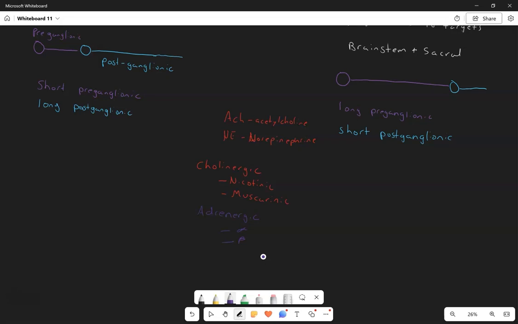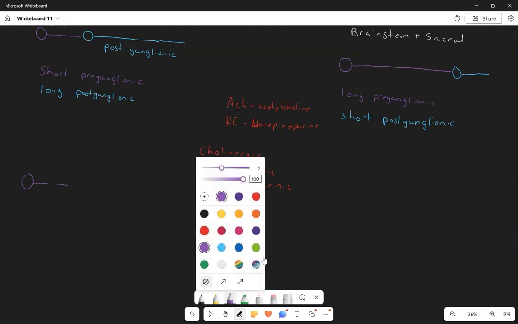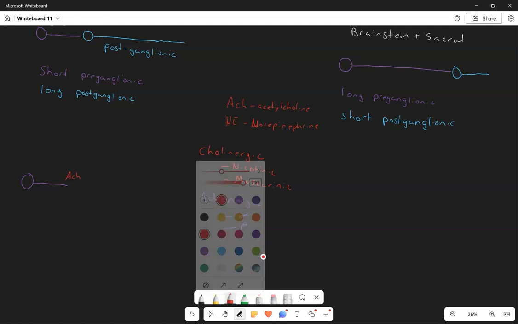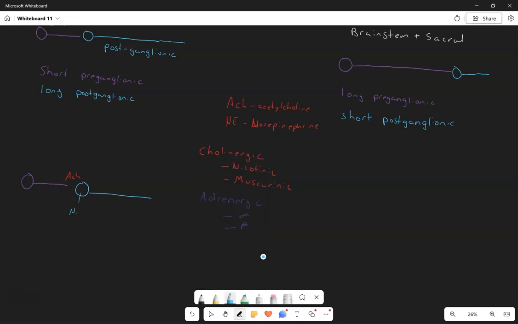So if we look at this two neuron chain, we have our preganglionic fiber, and it is going to release acetylcholine, and our postganglionic fiber is going to have a nicotinic receptor, right?